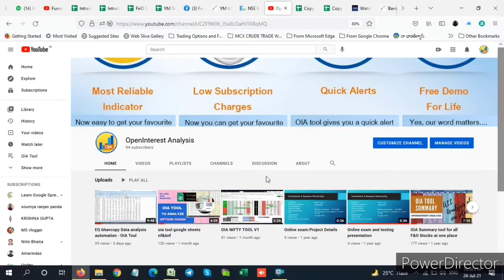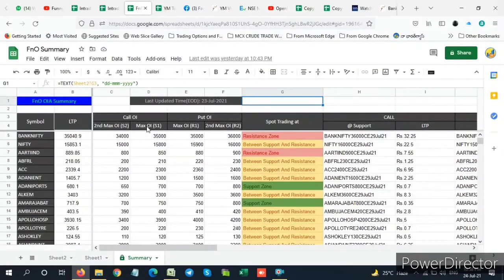Now, as I promised, I come up with a new tool, the EOD based tool, F&O summary, and this tool is based on Google Sheet and Excel both. Whichever you are converting, please let me know.